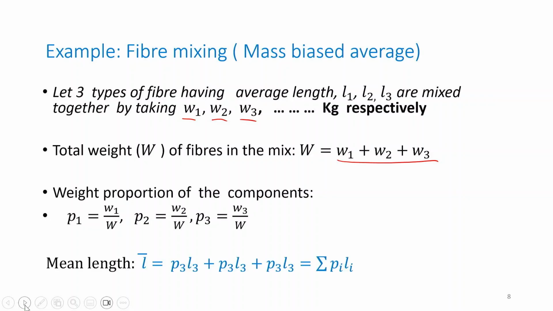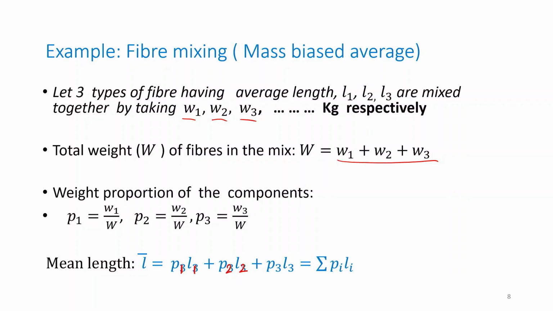Therefore, the mean length of this mixture is going to be P1 L1 plus P2 L2 plus P3 L3. This is going to be the mean length of the fibers. So this is called weight biased average calculations.